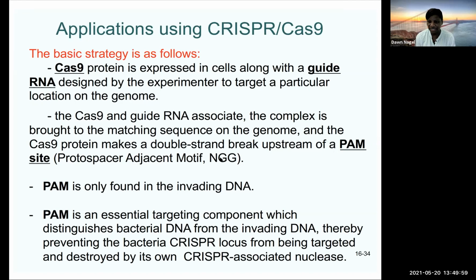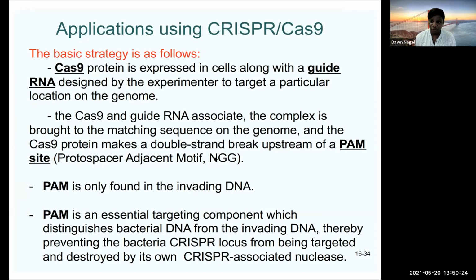It's 3 nucleotides, NGG, so this N can be any of the nucleotides. These 3 nucleotides need to be present next to the region that matches your guide RNA. This is the only way that this Cas9 protein is able to cleave that region. It needs to recognize this PAM site.